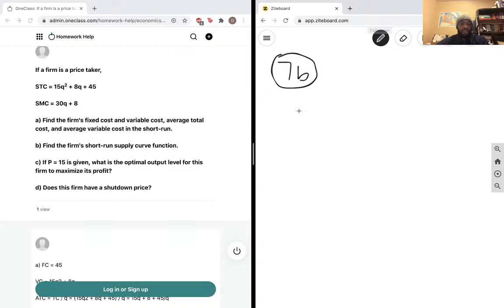So in this, when the firm is a price taker, S equals MC. Therefore, S equals 30Q plus 8.